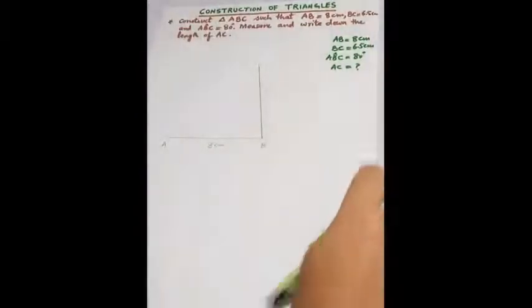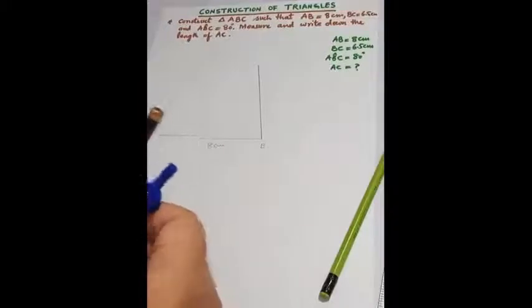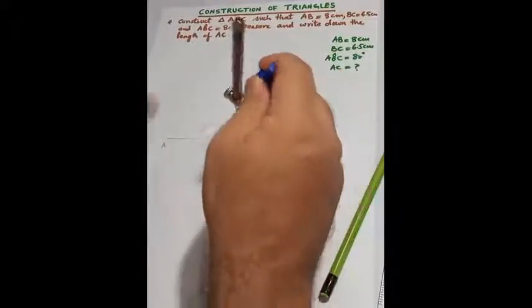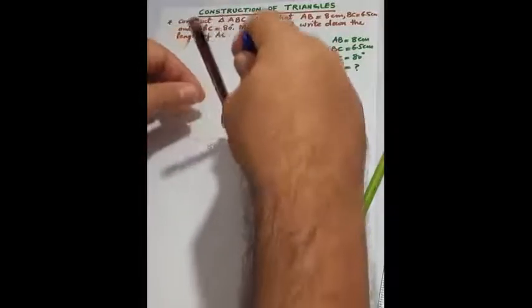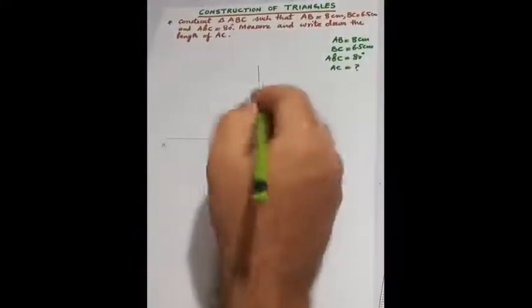So students, here we have drawn an angle of 80 degree at point B. This is the 80 degree angle.